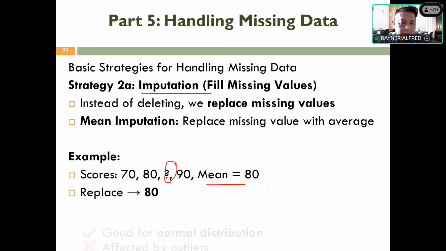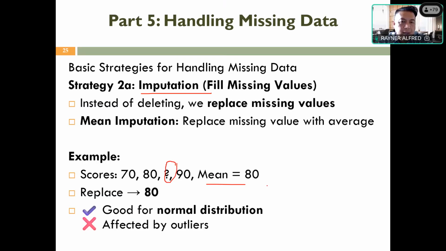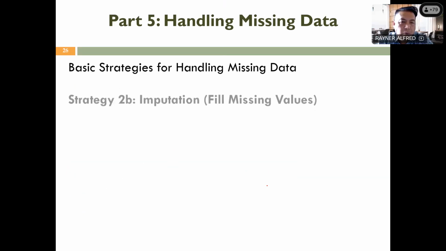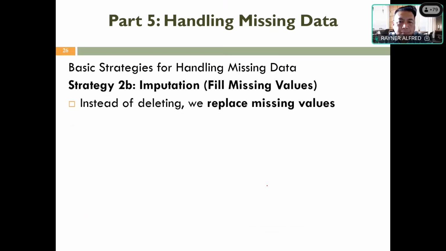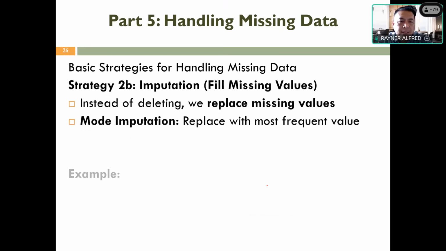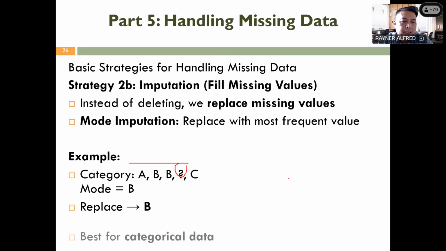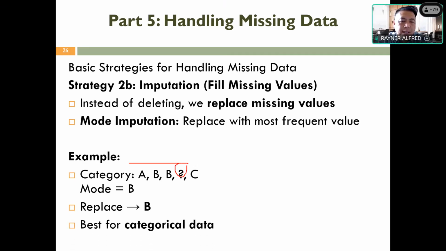So you will replace with 80. For the categorical value, you can replace using the mode value. So the mode is B, then you can replace the missing value with B. So this is best for categorical values.